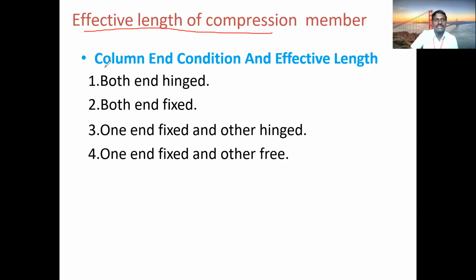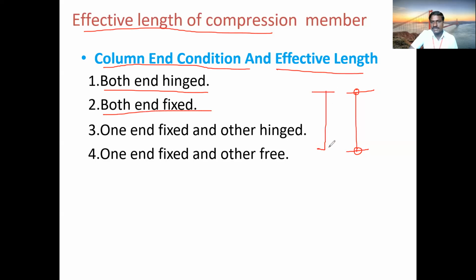So there are conditions: column end conditions and effective length. Column end conditions. So this is the column. Which type of support is at the joint? This is a column, one support at top, one support at bottom. So both ends hinged. If both ends hinged, this is one condition. Both ends fixed, this is the second condition.